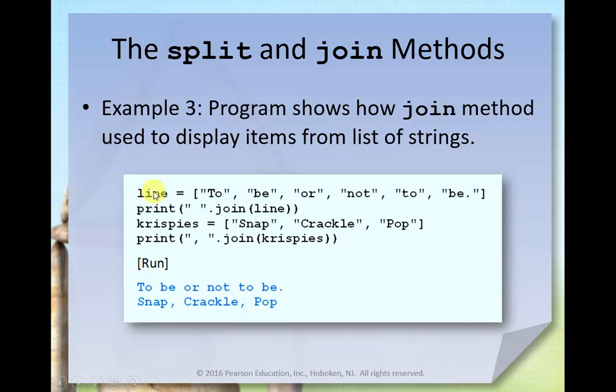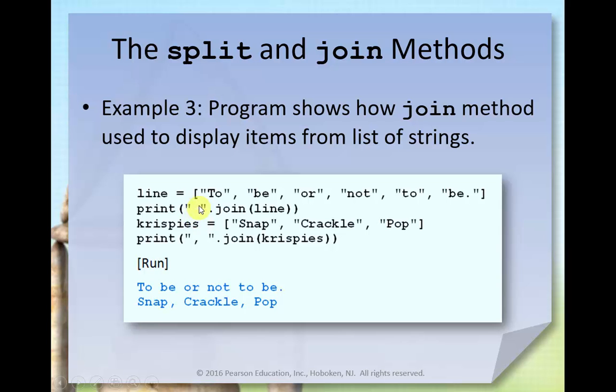So here's a line. This is a list of words. 1, 2, 3, 4, 5, 6 words. To be or not to be. If we print and leave this blank, put in dot join the line, it will join all of these together and print just like that.